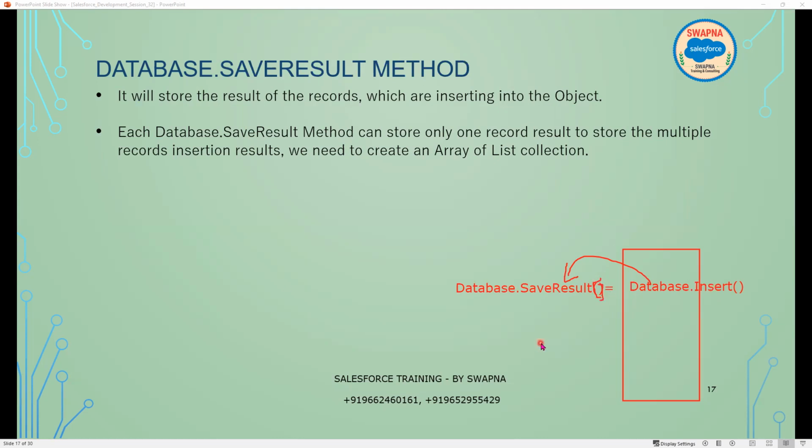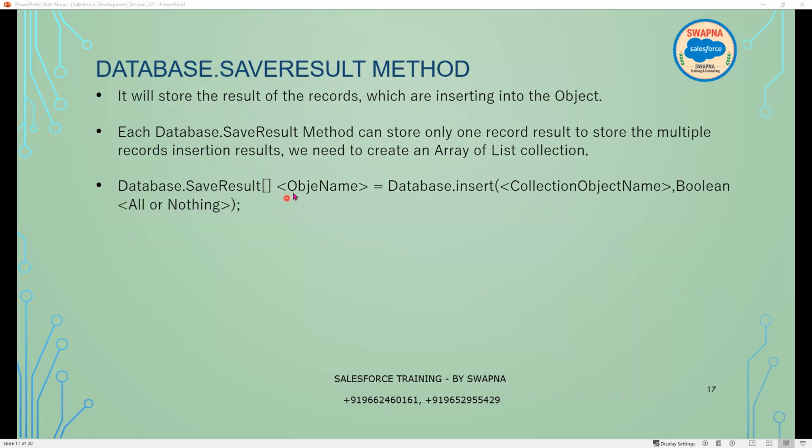The example is a Database.SaveResult array, then you specify the variable name equal to Database.insert, the collection object name, and then the boolean all or nothing.